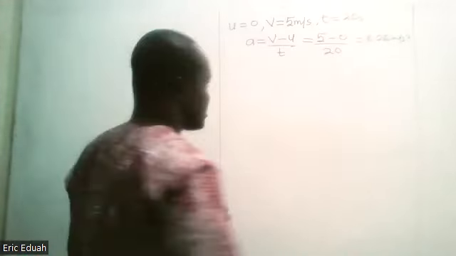So A is equal to V minus U all on T. V is 5, U is 0, the time is 20. So we have 5 on 20, 1/4 or 0.25.